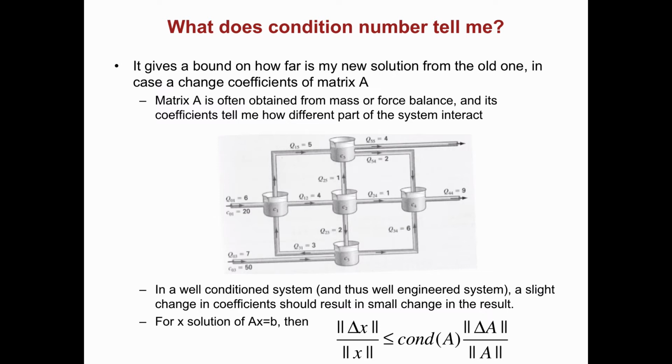If I slightly change the coefficients in my system, like the coefficients of my matrix A, I expect that the resulting solution to AX equals B is not going to be very different from the previous solution. So let's say that I have a solution to AX equals B, and then I change A ever so slightly.